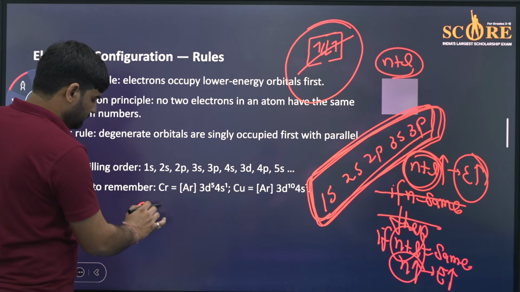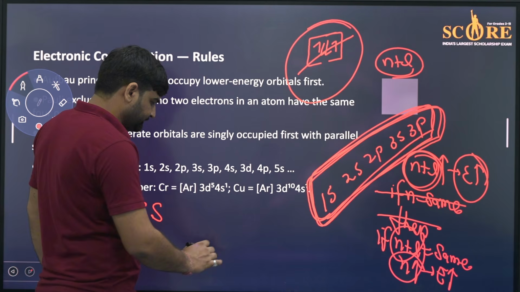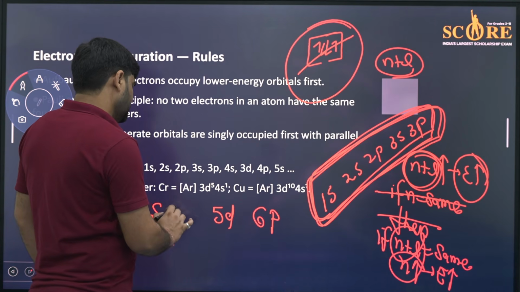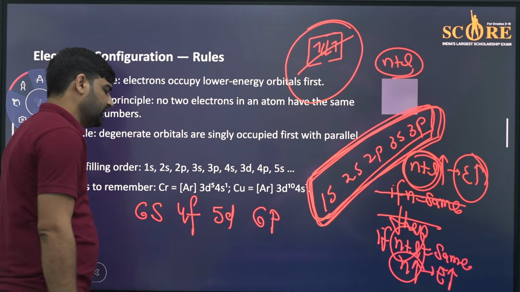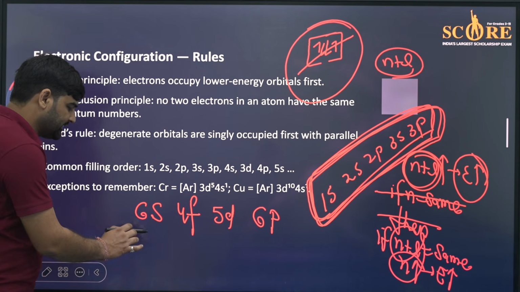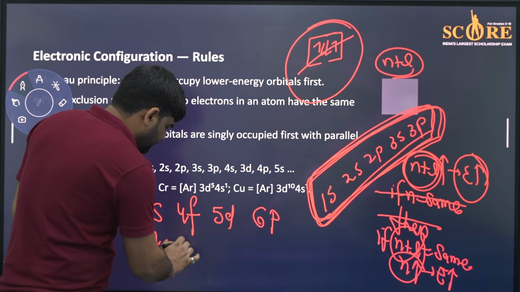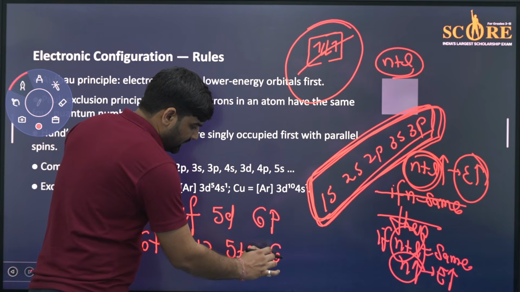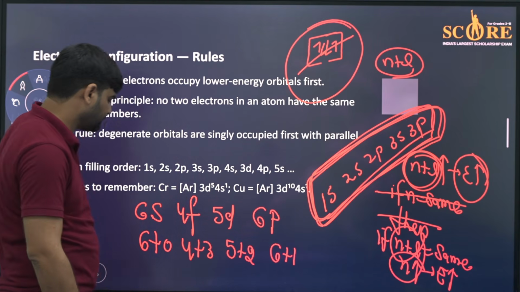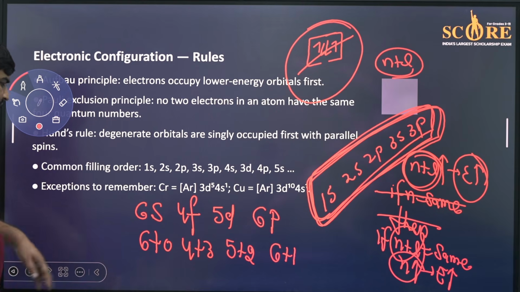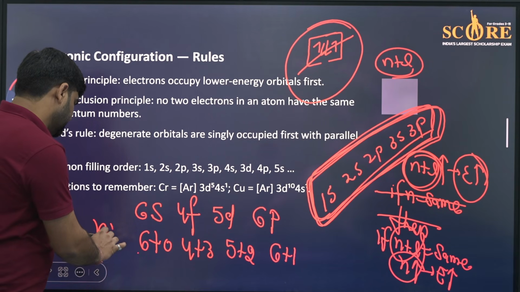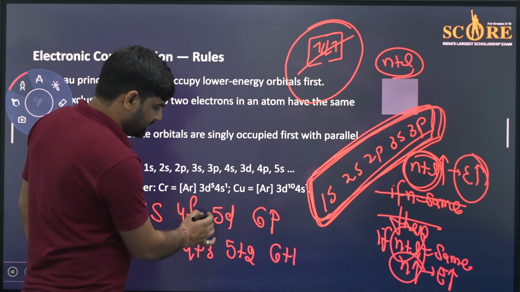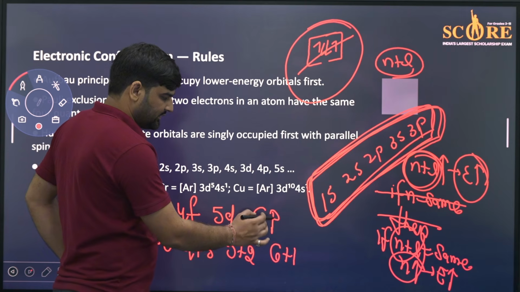So I have this question: 6s, 6p, 5d, 4f. I have to decide the energy order. So there is 6 plus 0, 6 plus 1, 5 plus 2, and 4 plus 3. This is n plus l. n is 6, l is 0; 4, l is 3; 5, l is 2; 6, 1.